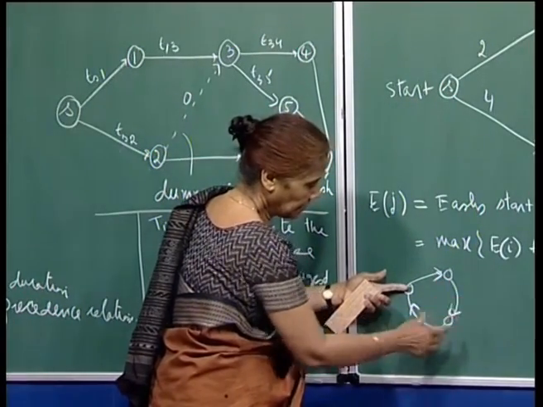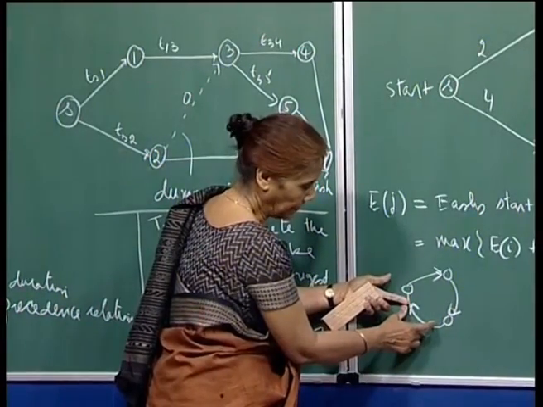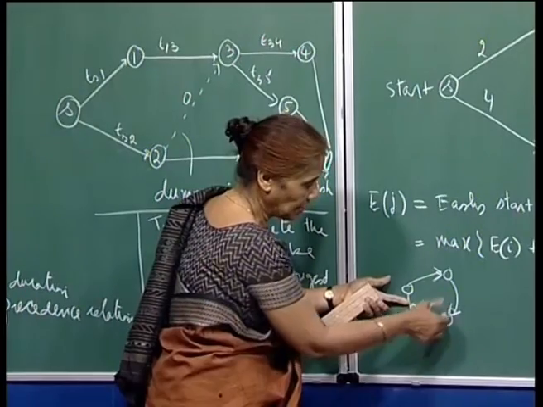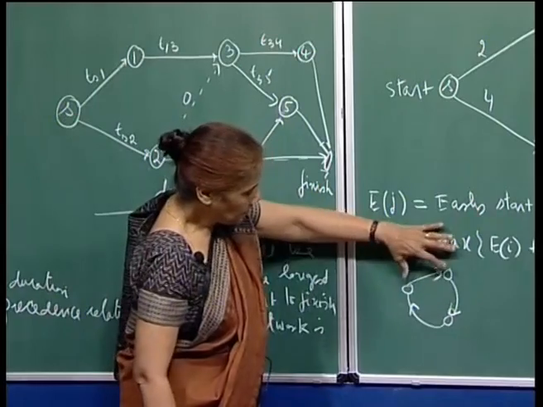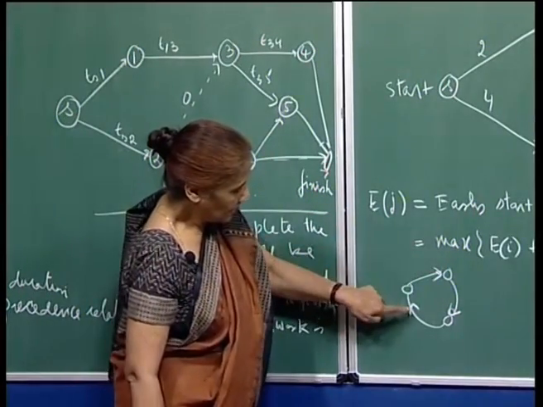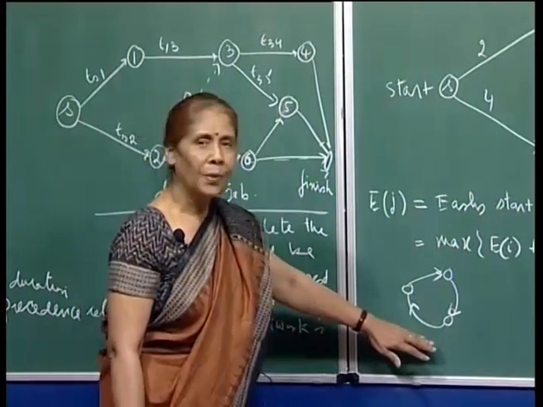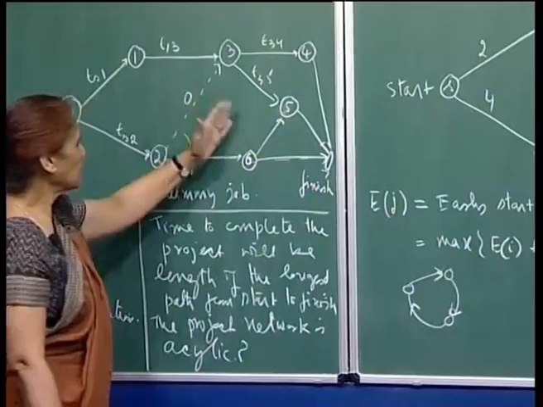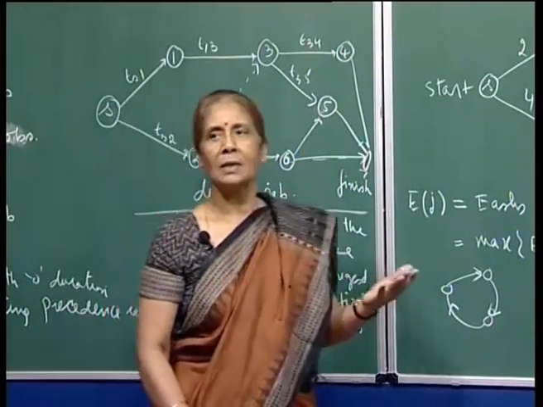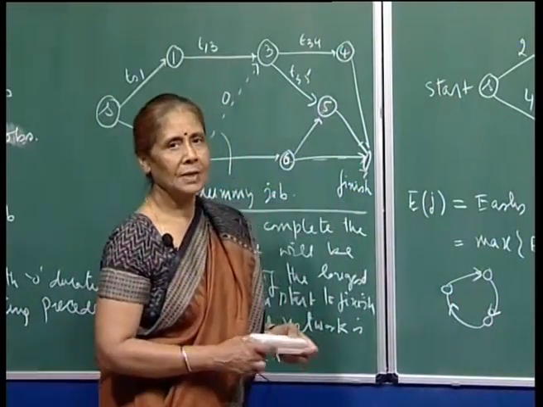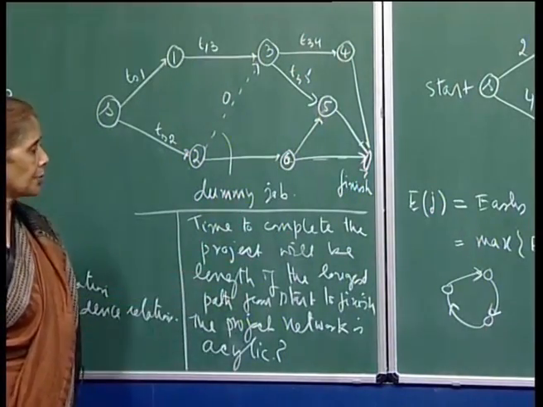But this is the immediate predecessor of this, which means this job can start only when this job has been completed. But this job could not start before this got completed. If you have this kind of cycle, obviously the precedence relationships that you have defined are not valid. So when you start drawing the project network, the moment you encounter a cycle, you will realize that your precedence relationships are wrong, and you should go back, revise them, and draw the network again.